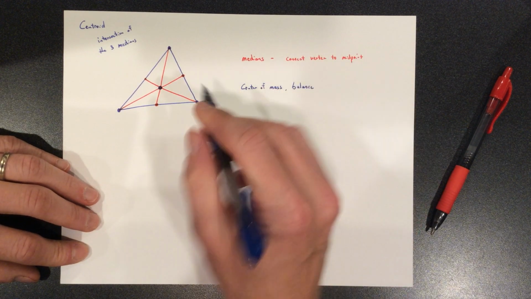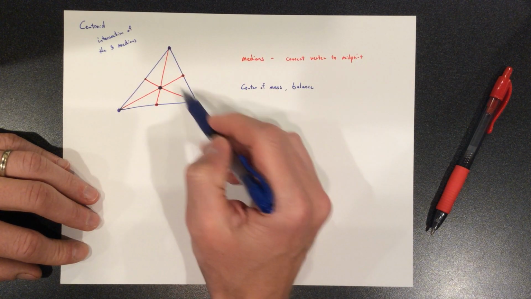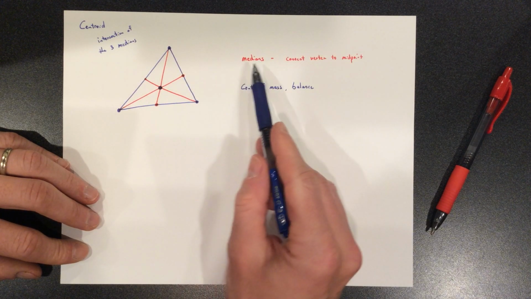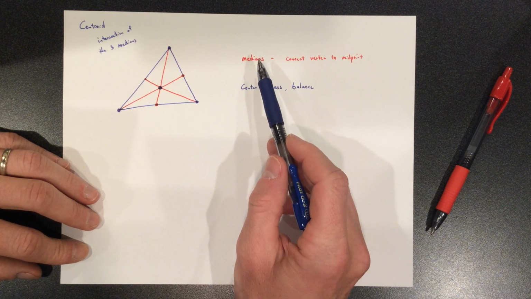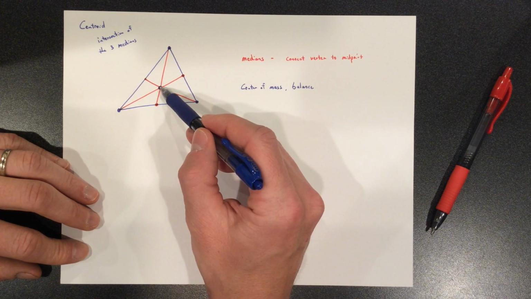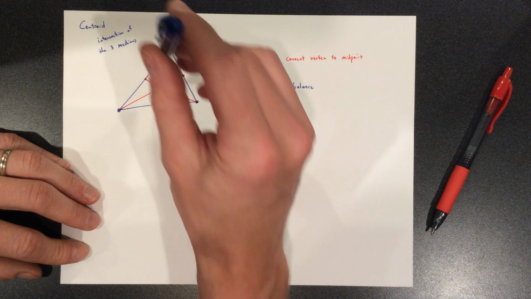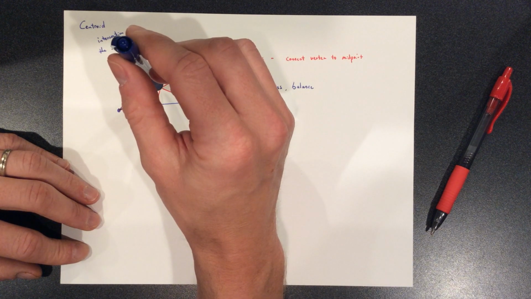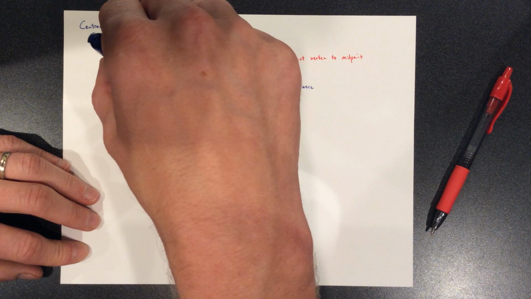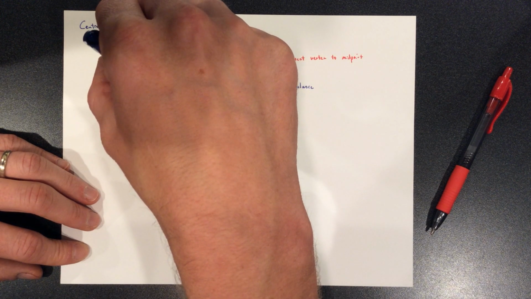And so in class, you might have cut a triangle out of cardboard, drawn the three medians, and then if you put your cardboard or your wood triangle and you put a pen right there, it would totally balance.